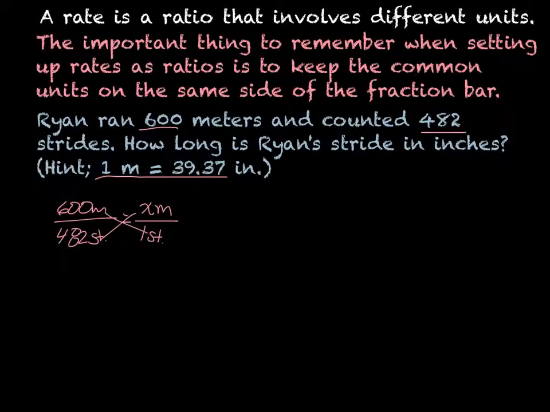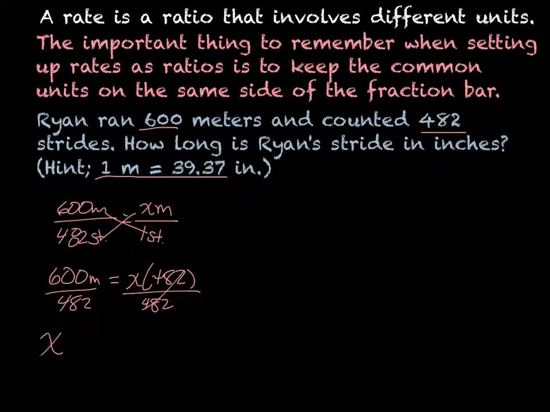So I have 600 meters times 1 stride equals x meters times 482 strides. So I'm going to divide by 482. And if I type that into my calculator, I get x equals about 1.35 meters per stride. So that's my first step.